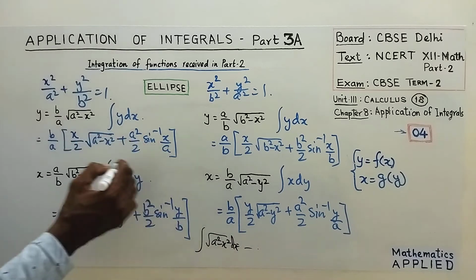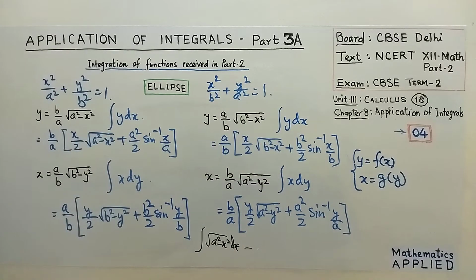Now that we have written all these, if you know this, there is another formula that you need to remember, x power n, and root over a square minus x square. These are the only two formulas that till now we require, not more than this in application of integrals.